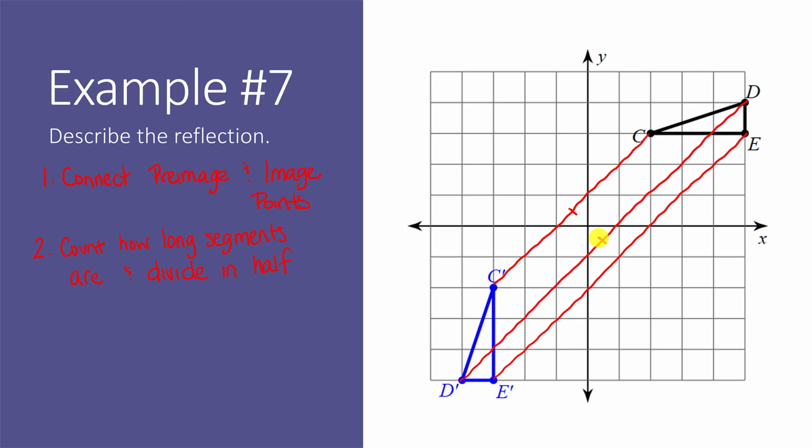And now my last one, E, E prime. 1, 2, 3, 4, 5, 6, 7, 8. E, E prime is 8 diagonals long, so half would be 4. 1, 2, 3, 4.